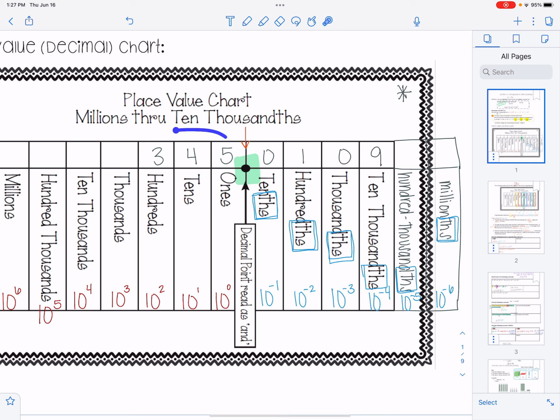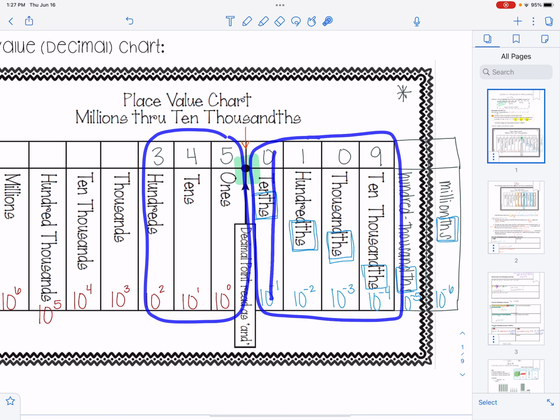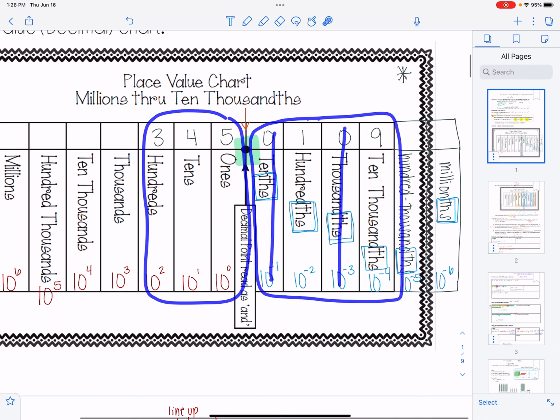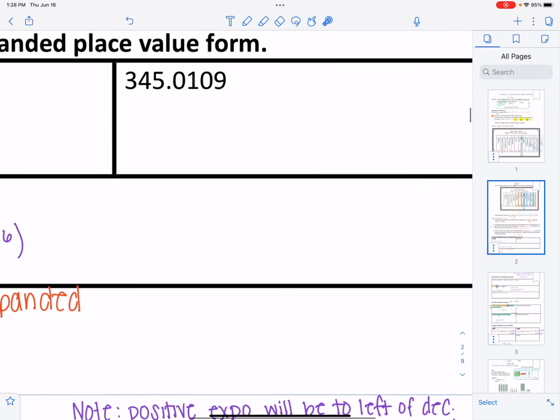And so these are going to be the tens I use for those to the left of the decimal, and then these are going to be what I use to the right. Now we'll skip these just because we don't need to write zeros, but essentially we're going to just write it from left to right in our expanded form.